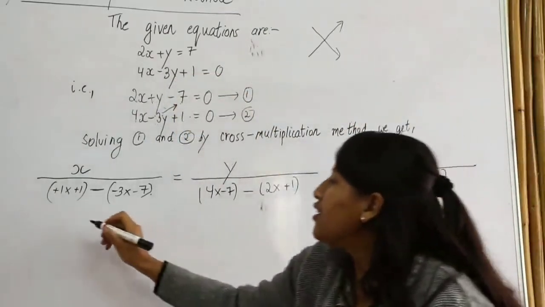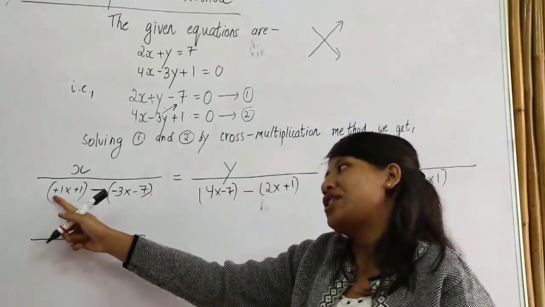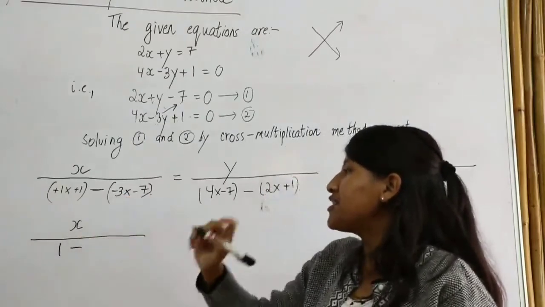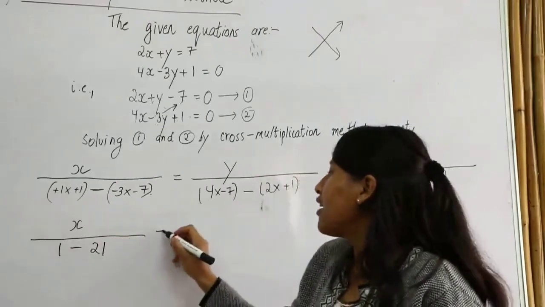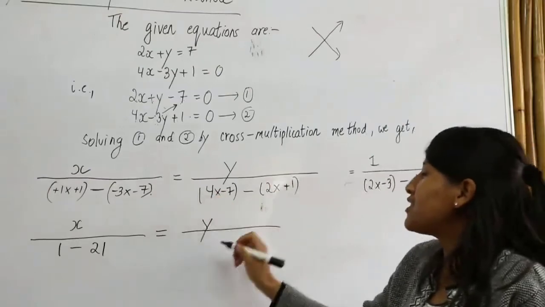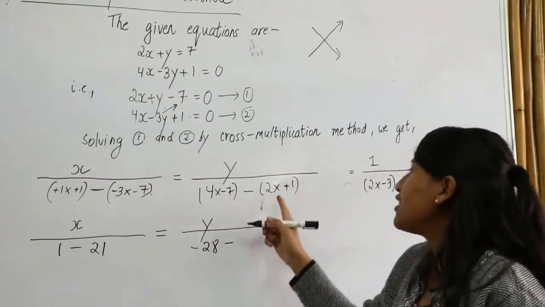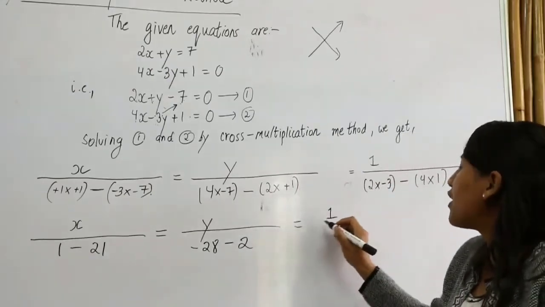Okay. So you multiply after this. Plus 1 into plus 1 will be 1. And minus to minus is plus. So 3 sevens are 21. Then we have y. Plus into minus is minus. 4 sevens are 28. Minus 2 ones are 2. Then we have 1.